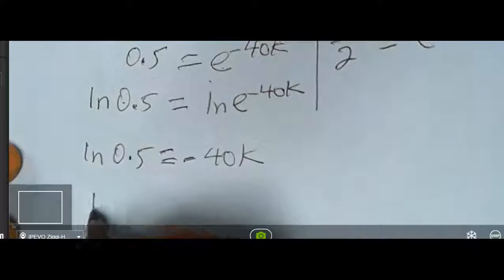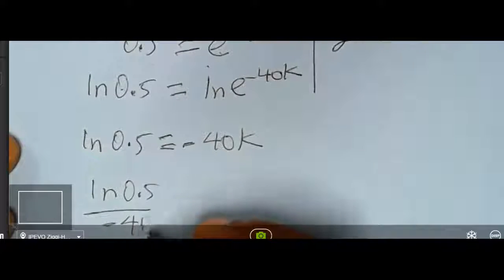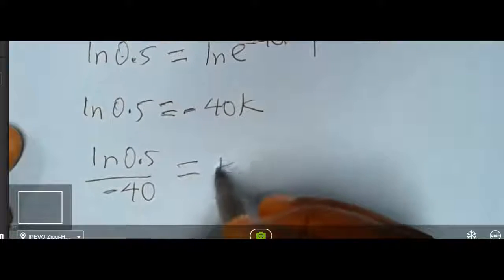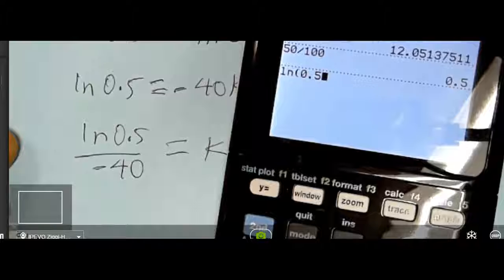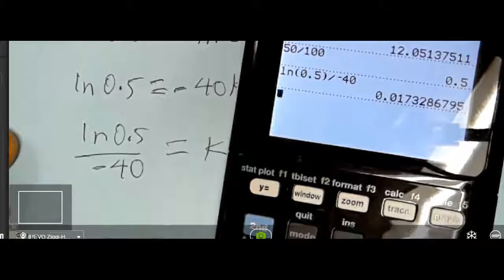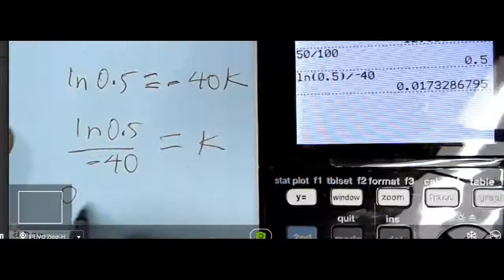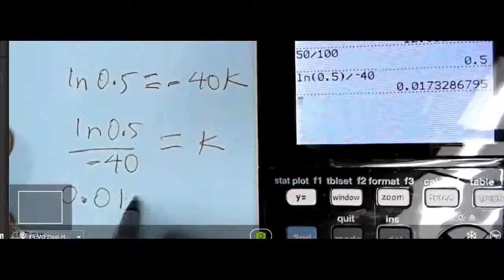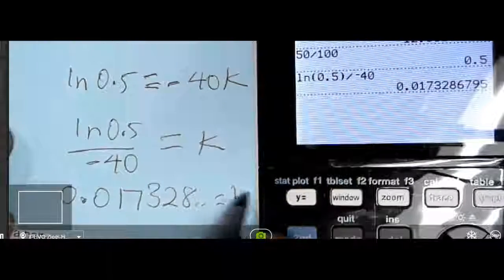Okay, so now we can divide both sides by negative 40 to get our K. So the natural log of 0.5 divided by negative 40 is 0.017328, and keep going, equals K.